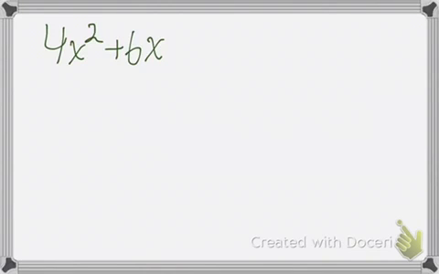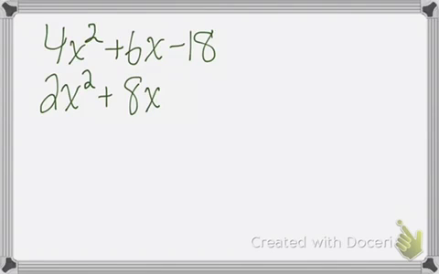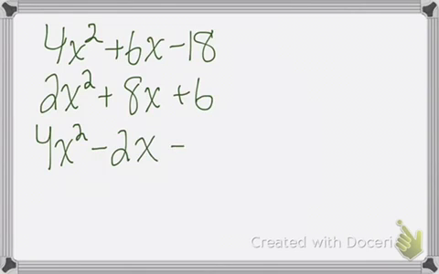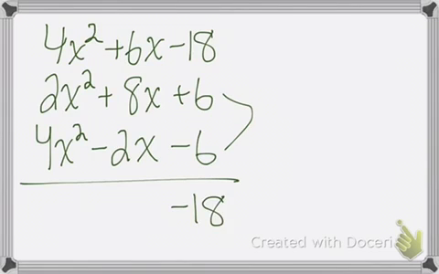4x squared plus 6x minus 18, 2x squared plus 8x plus 6, and 4x squared minus 2x minus 6. So if we add all these up, the constants 6 and minus 6 are going to go away, so we're just left with negative 18.